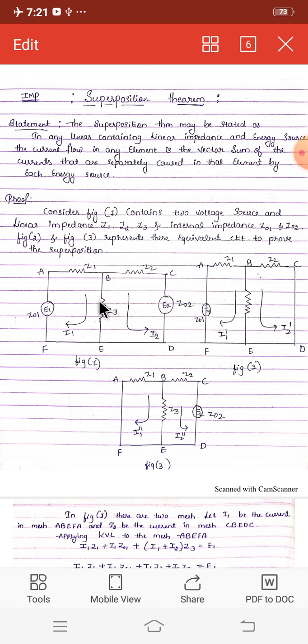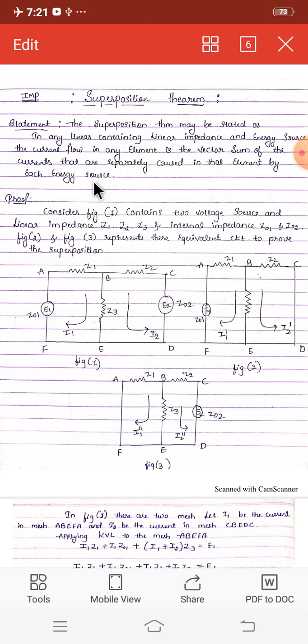Z1, Z2, Z3 are the impedances. So in any linear network containing energy sources and impedances, the current flow in any element is the vector sum of the currents that are separately caused in that element by each energy source.